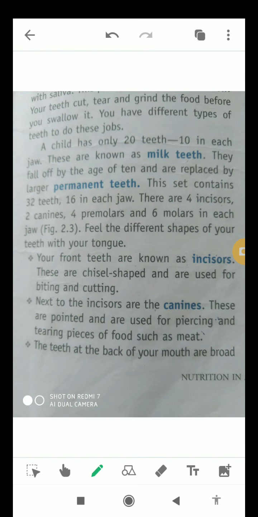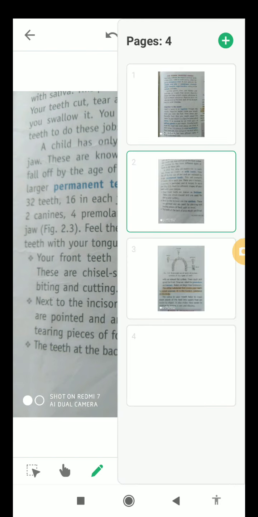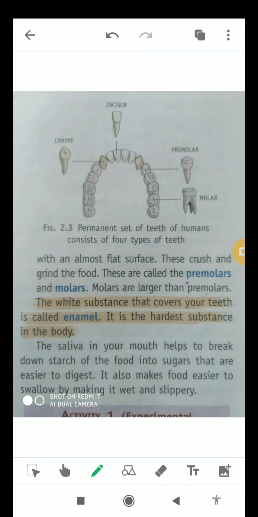The next type of teeth are known as canines, and these are next to the incisors. Canines are pointed teeth used for piercing and tearing the food, and that's why they are generally found in carnivores, which eat meat. The teeth at the back of your mouth are broad with an almost flat surface, and these crush and grind the food.